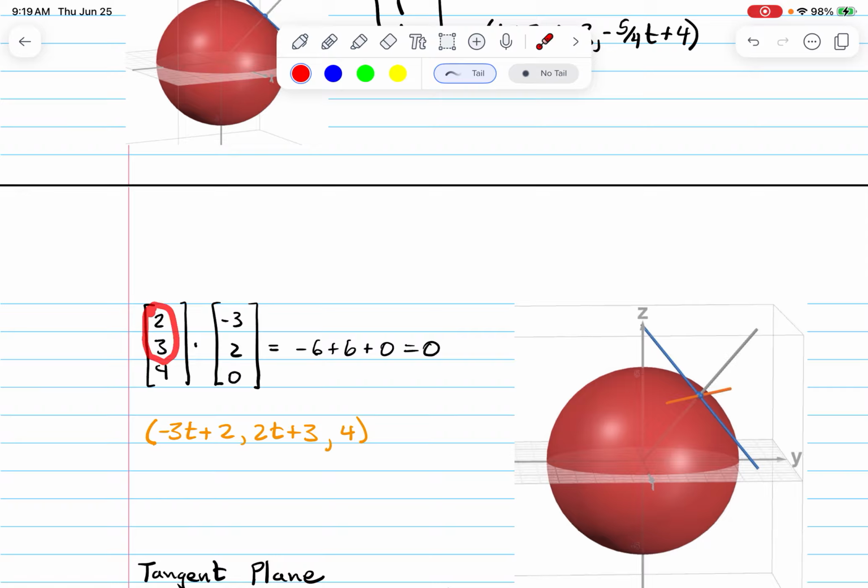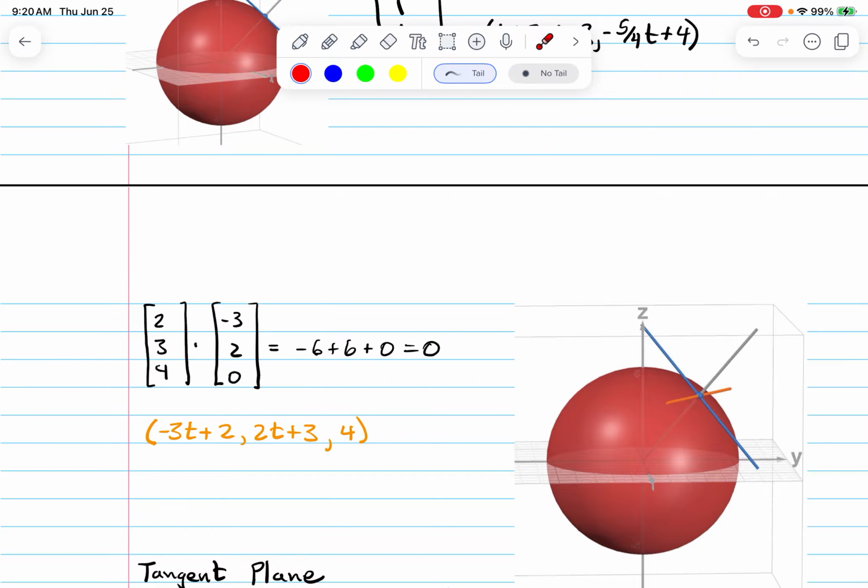I had 2, 3, I just flipped them and changed the sign of one of them. It doesn't matter which one. I said 2, 3, I changed that to -3, 2, and then I put a 0 in for the z part. I treated this just like a line, or just like a circle, finding a tangent to a circle.